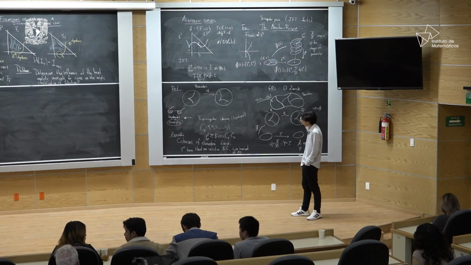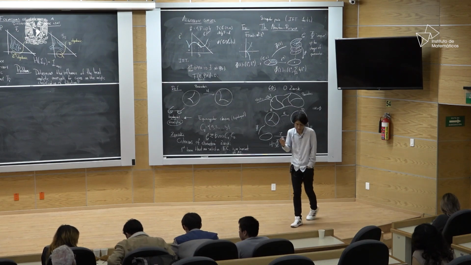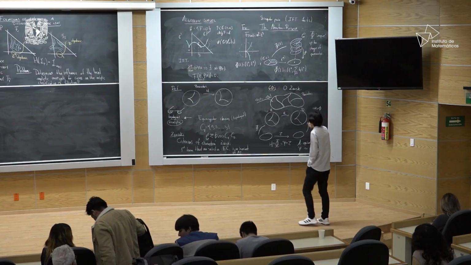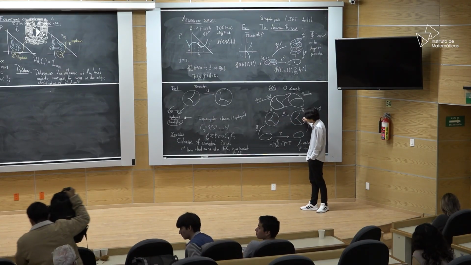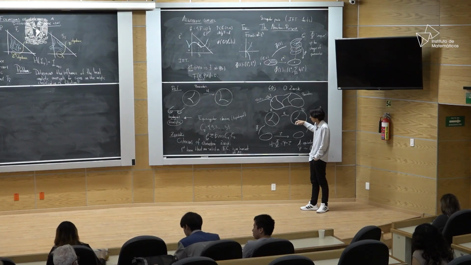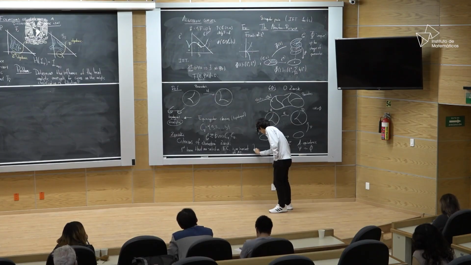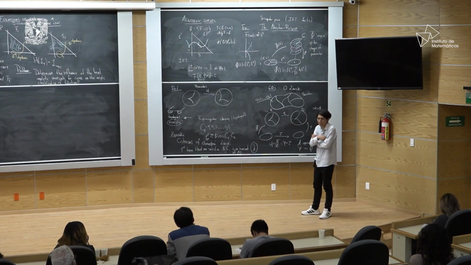So we have a first invariant in the analytic classification of branches, and this invariant, which we will denote by lambda, is not complete.